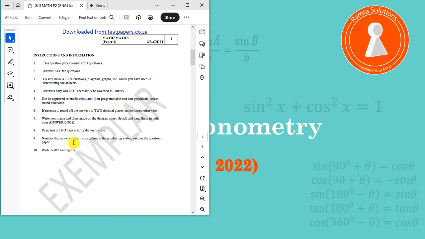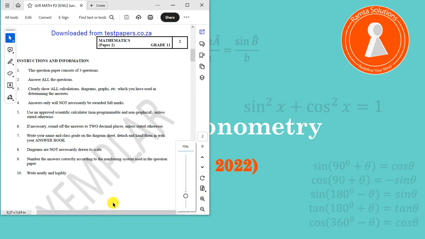Diagrams are not necessarily drawn to scale, but the one I'm really interested in is this: if necessary, round off the answers to 2 decimal places, unless stated otherwise.